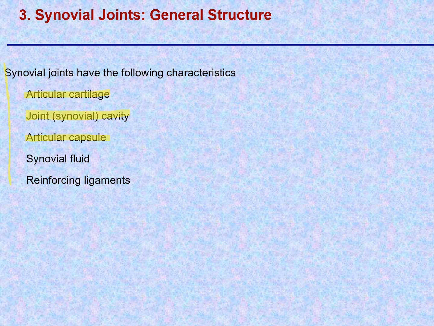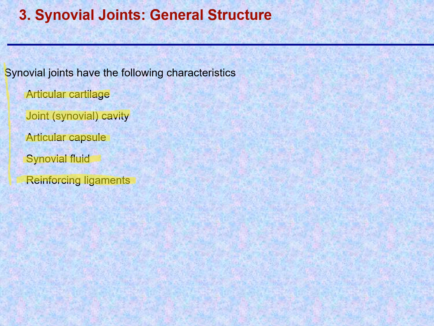It's the kind of thing that you find at the end of the chicken bones from legs. So it's a rubbery material that allows for nice movement, surrounded by a space or cavity that's fluid filled, and then around all of that a capsule and the synovial fluid. And these types of joints, particularly a joint like the knee, have many different reinforcing ligaments joining bone to bone. It's quite complicated.